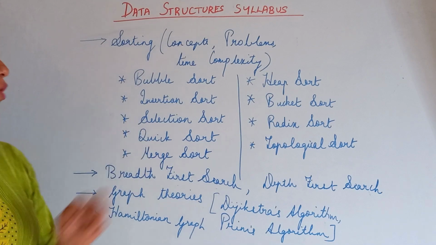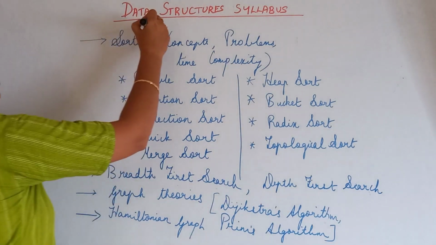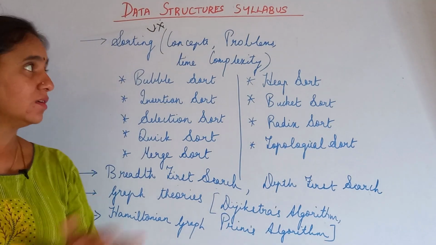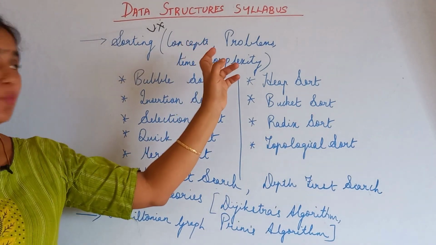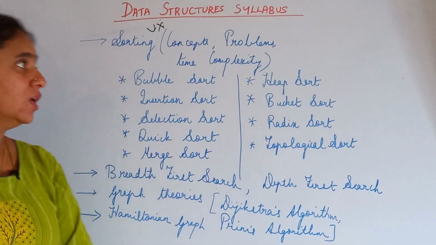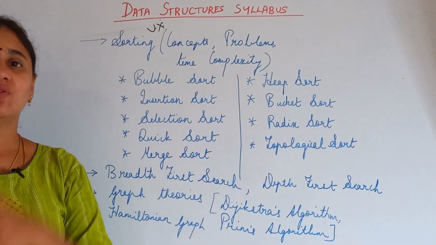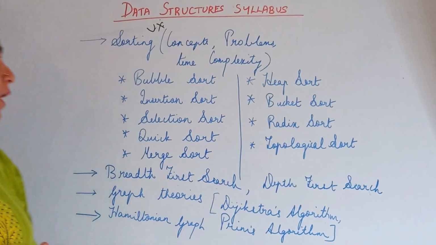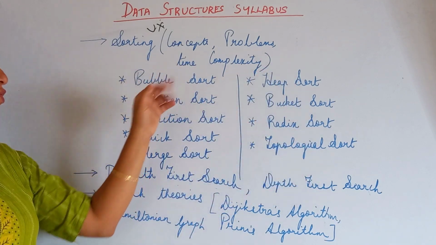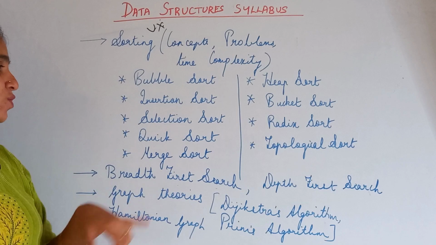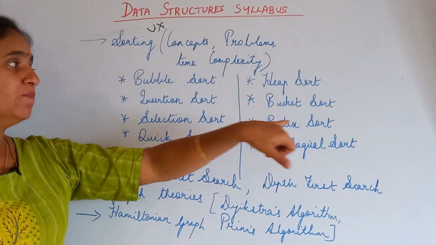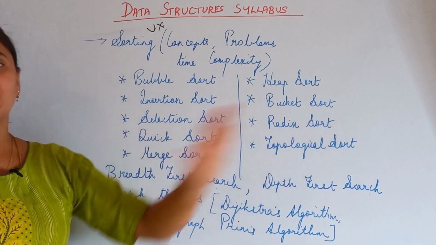The next important topic of data structures is sorting. This is a very important topic. Under sorting, we are going to discuss the concepts, important points, problems, and how the time complexity is found for inserting or finding the elements and so on. We will discuss all these types: bubble sort, insertion sort, selection sort, quick sort, merge sort, heap sort, bucket sorting, radix sorting and topological sorting.